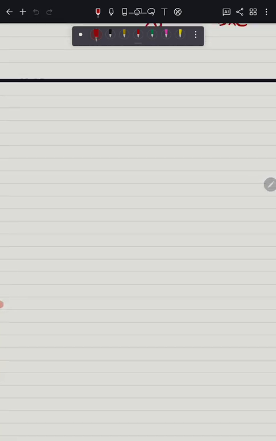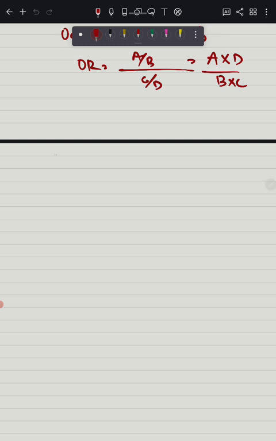The clinical interpretation is: if the odds ratio is equal to 1, no association; if greater than 1, exposure is associated with disease; less than 1 means exposure is protective.